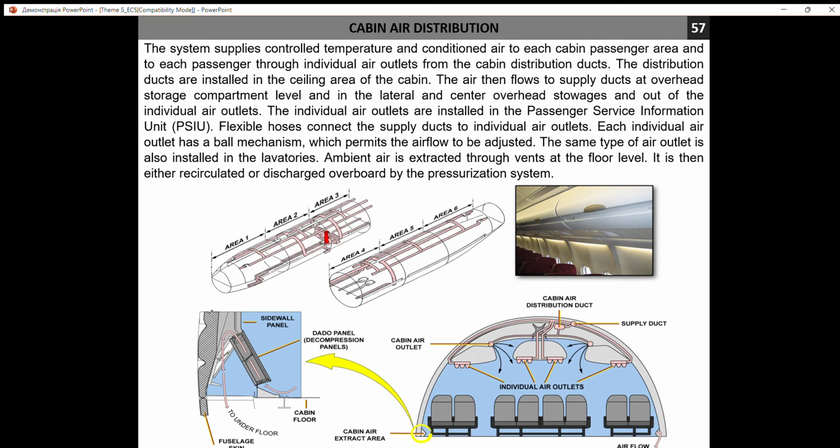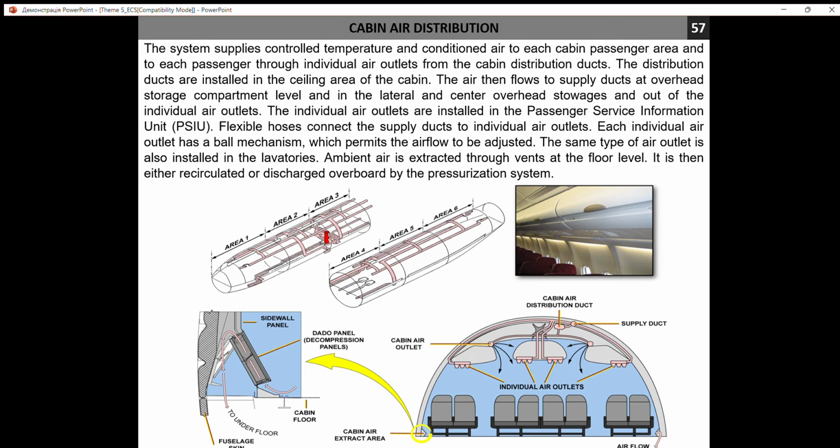And also you may provide two variants of ventilation. It may be individual ventilation that is used by the passengers directly, and cabin ventilation that keeps normal conditions on board during flight. So these are the points through which the air comes into the cabin, and also we have the points through which the air goes out.